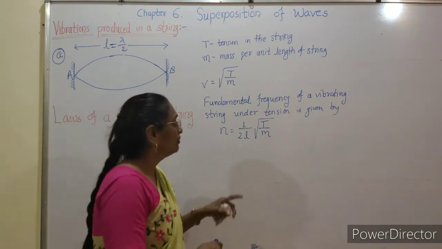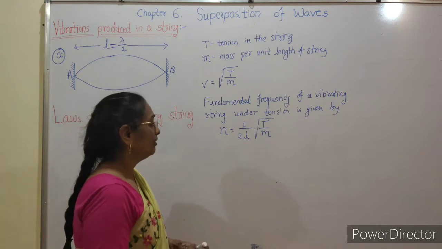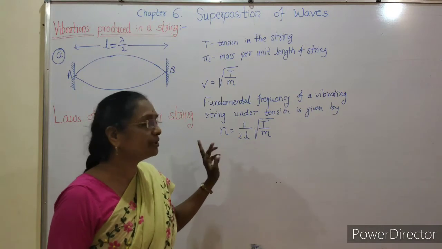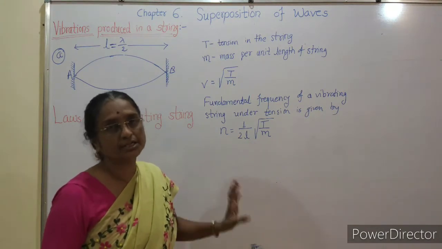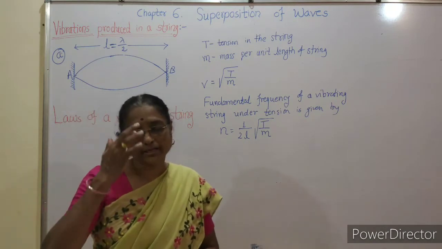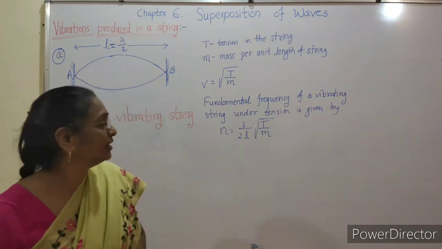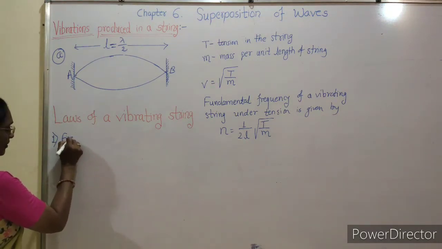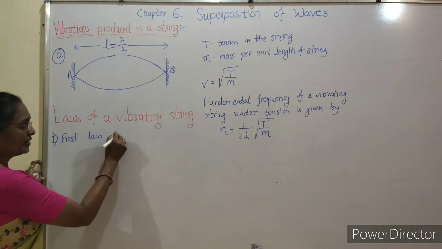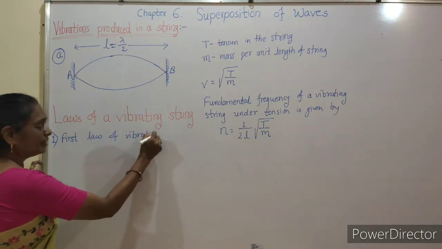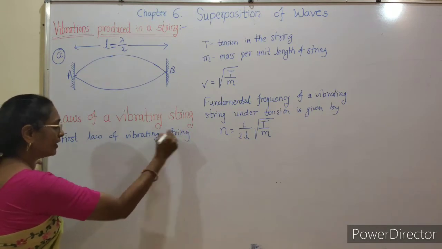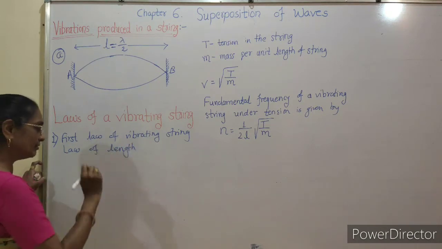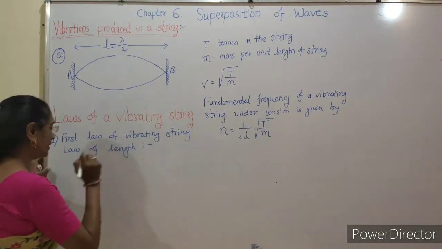Now if we consider this equation by taking any two factors as constant, then the relationship between the two remaining quantities is known as a law of vibrating string. It can be stated like this. The first law of vibrating string is also called the law of length.